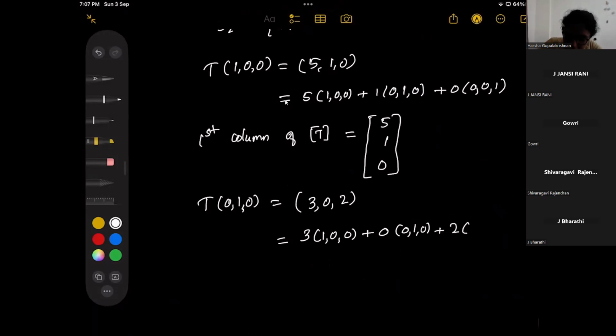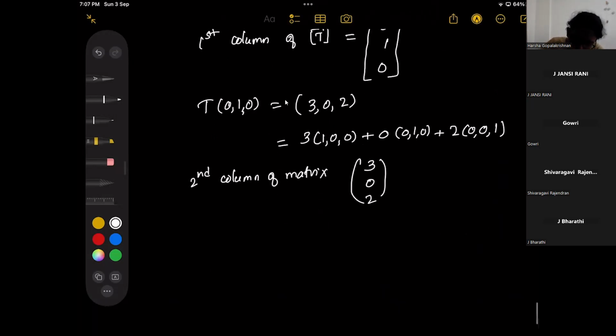Correct. Now, what is the second column of the matrix? 3 0 2.